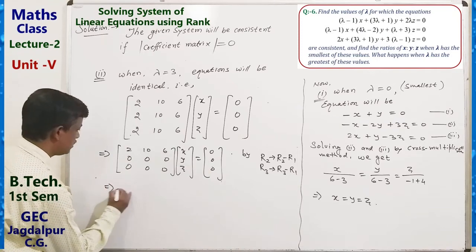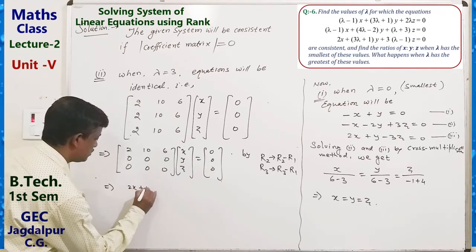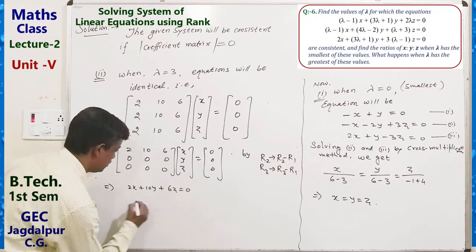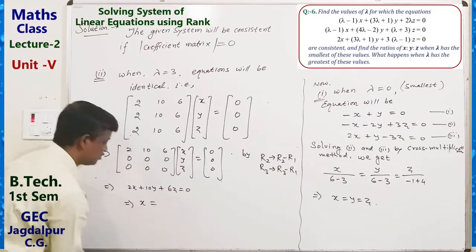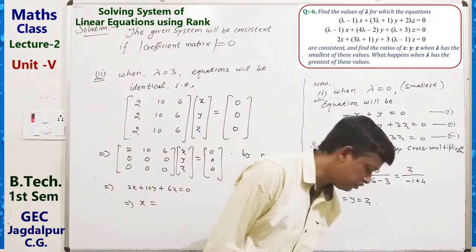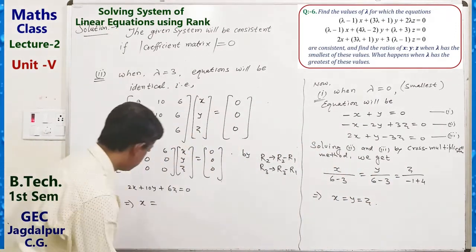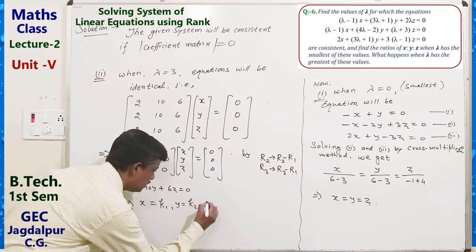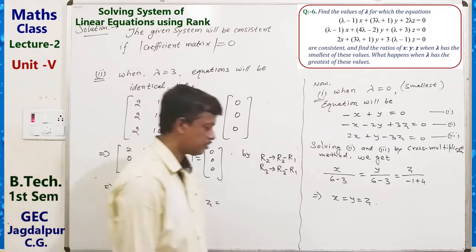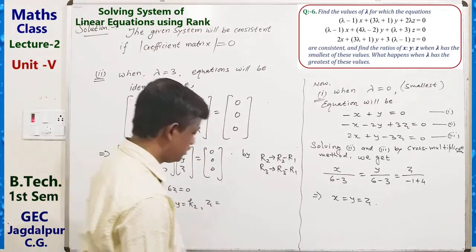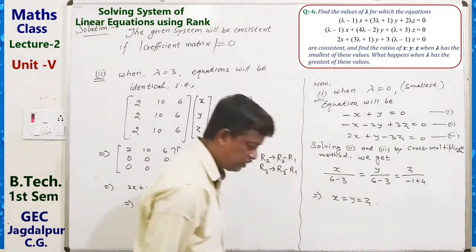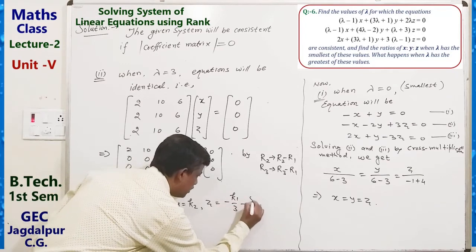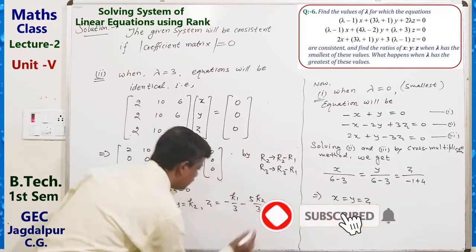So this implies 2x plus 10y plus 6z equals 0. Implies x equals k1, y equals k2, and z equals minus k1 by 3 minus 5 k2 by 3.